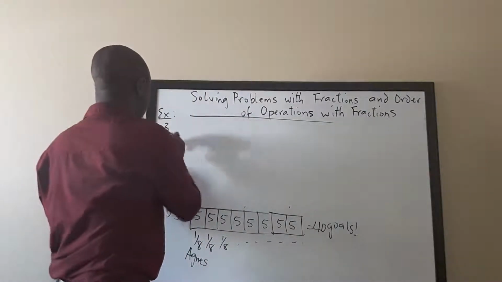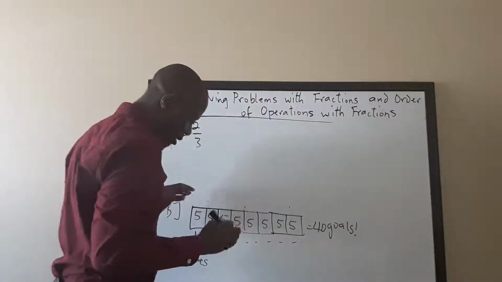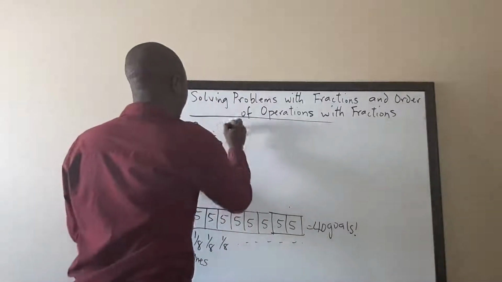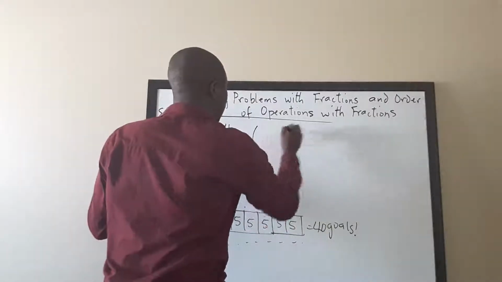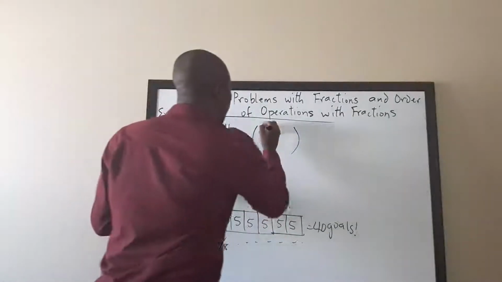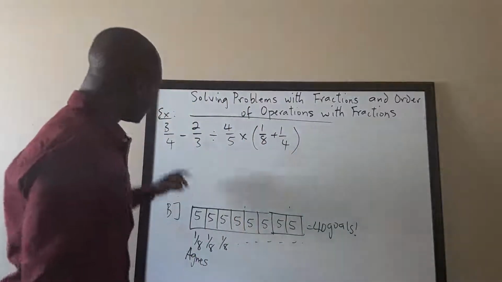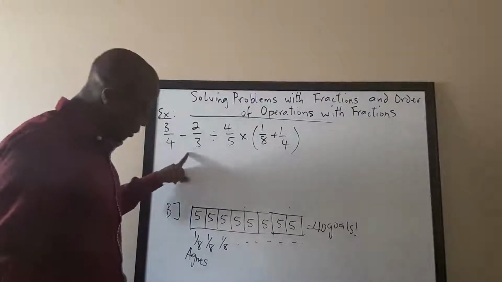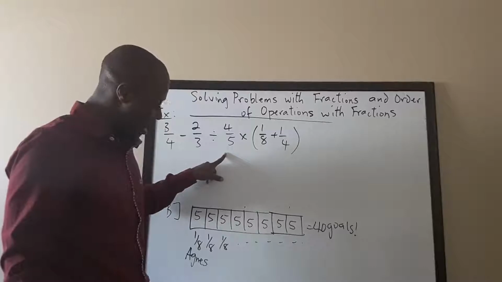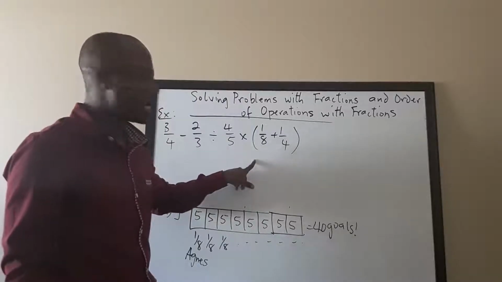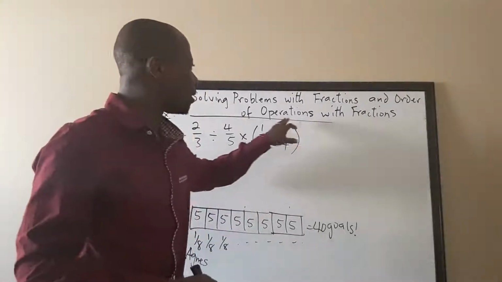So the question is 3 over 4 minus 2 over 3 divided by 4 over 5 times 1 over 8 plus 1 over 4. So this one has to do with order of operations.